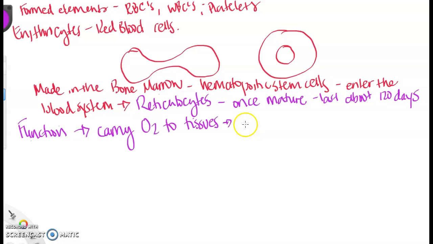And each blood cell contains about 250 million hemoglobin molecules.